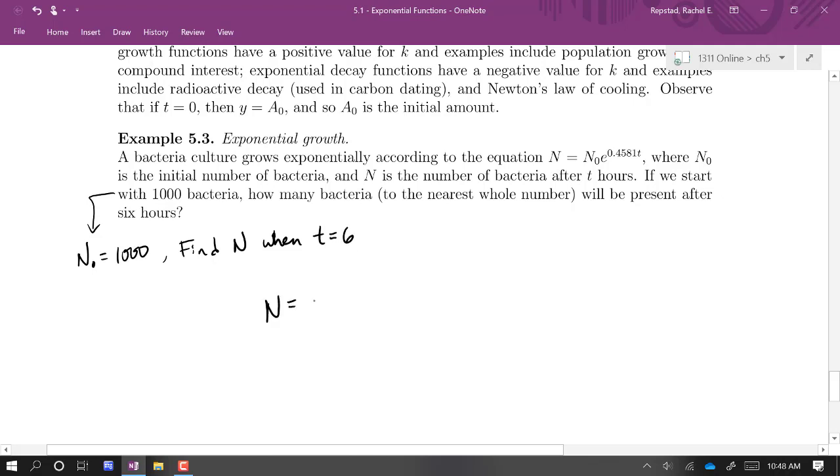Here's our function that models this: n naught times e to the 0.4581t. I know that n naught is 1,000, and we want to know how many are present after 6 hours, so I'm going to plug in 6 for t.